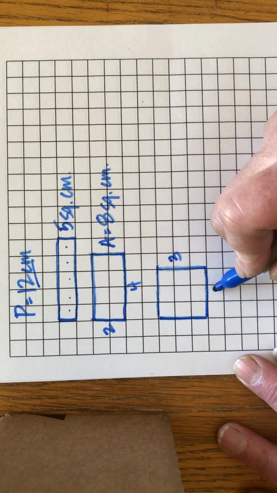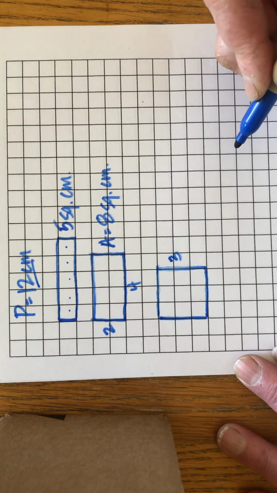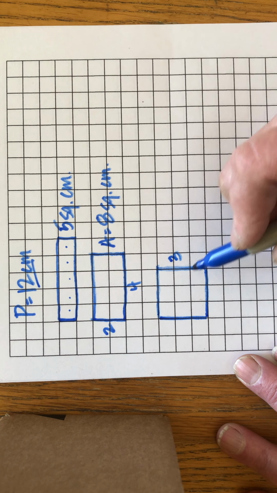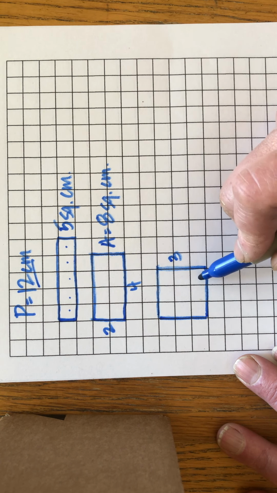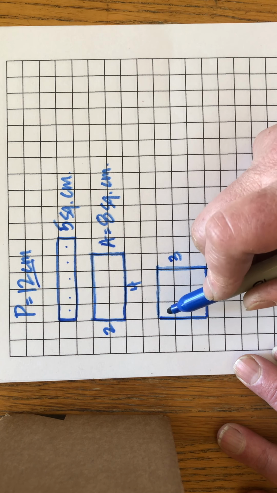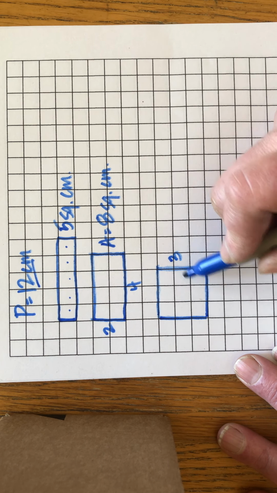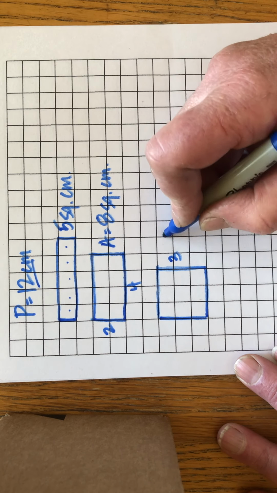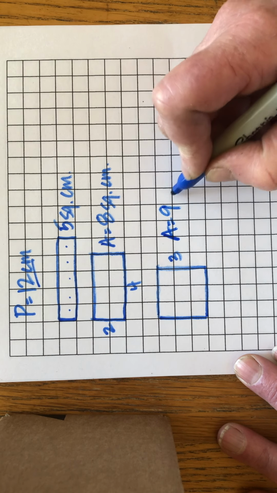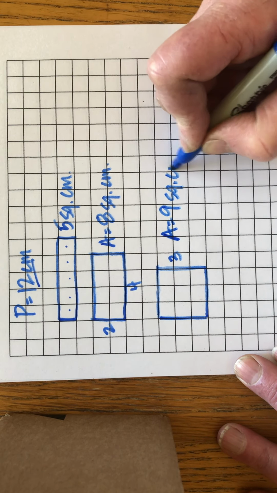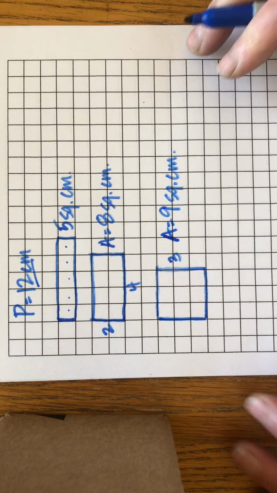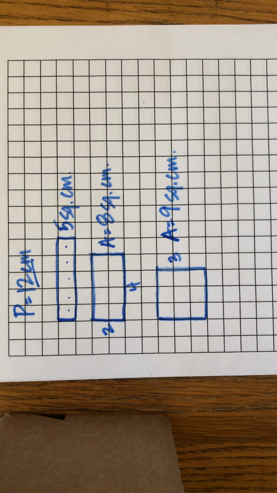So 3 plus 3 plus 3 plus 3 is 12. Now if I calculate the area, it's 3 times 3, which is 9. 1, 2, 3, 4, 5, 6, 7, 8, 9. So the area is 9 square centimeters.